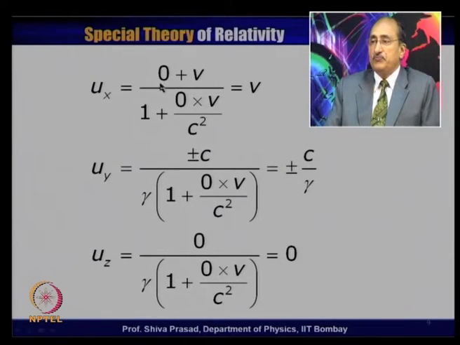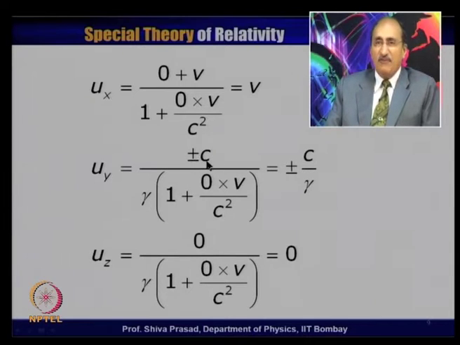So, this is 0. v is the relative velocity between the frames, so it is anyway present here, divided by 1 plus ux prime, which is 0, multiplied by v divided by c square. So, this particular thing gives you 0. In the denominator you are left only with 1, and this becomes 0 plus v divided by 1, which is just equal to v. So, ux turns out to be equal to v, which is the relative velocity between the frames. Let us look at uy.